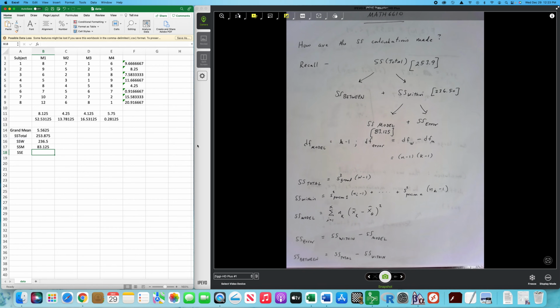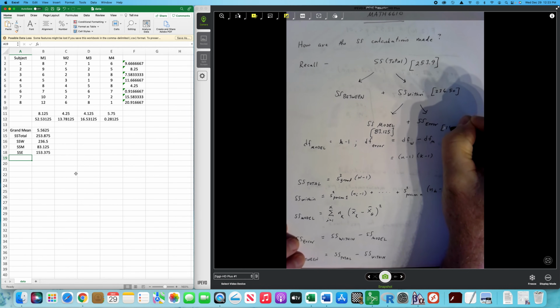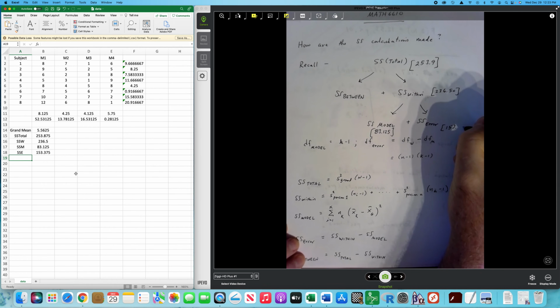That's just going to be found by taking the sum of squares within minus the sum of squares for the model. So we'll get 153.375.